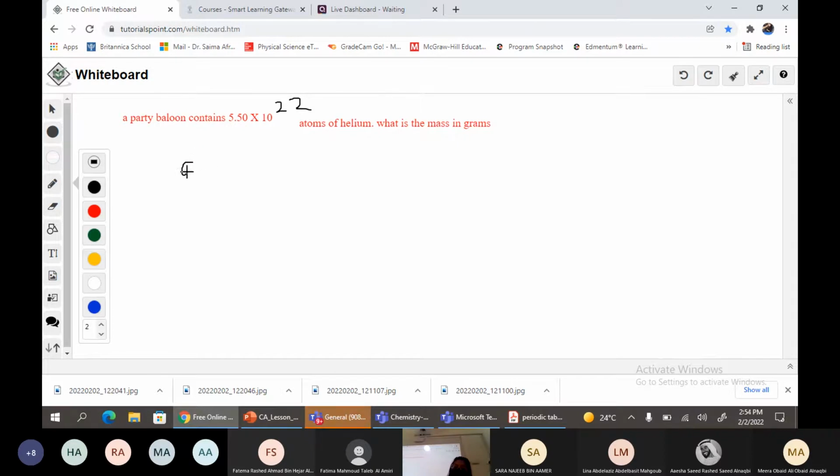Now what you have in the question? You have atoms and you need mass. Can I go by the direct way? Reem. Can I convert directly atoms to mass? What should I do in the middle?